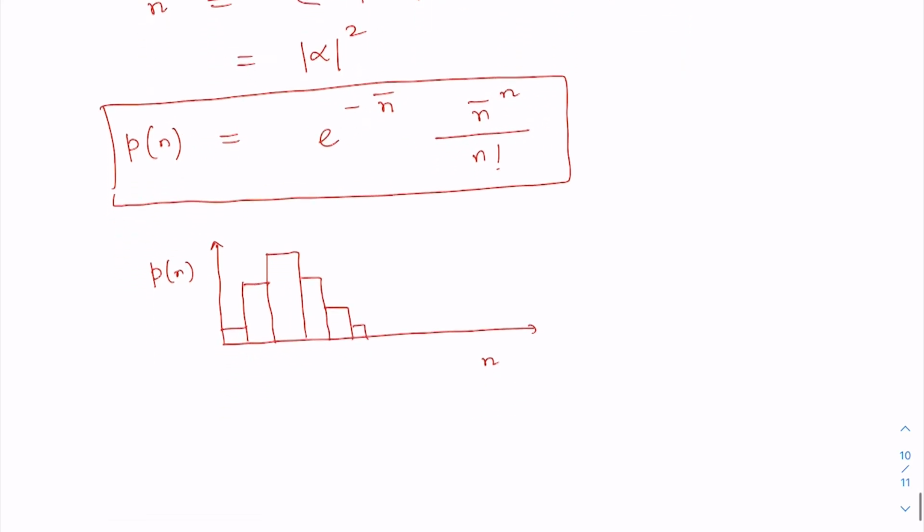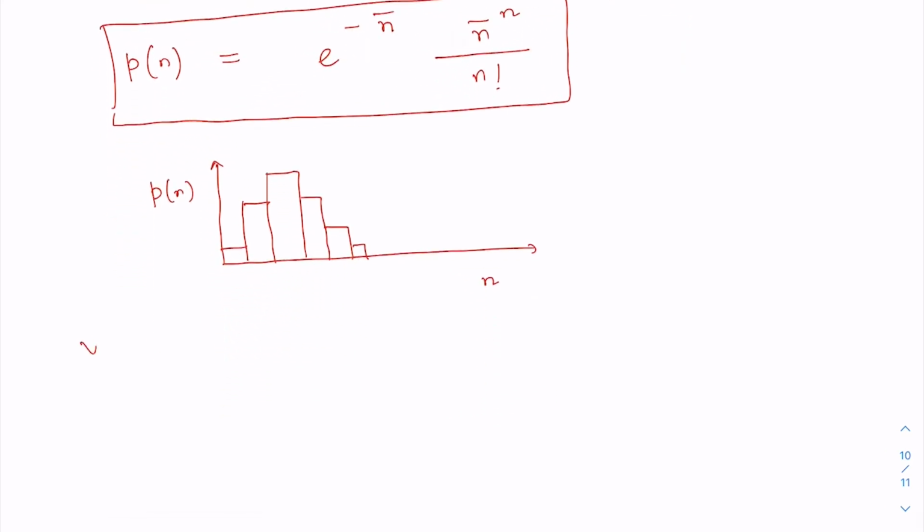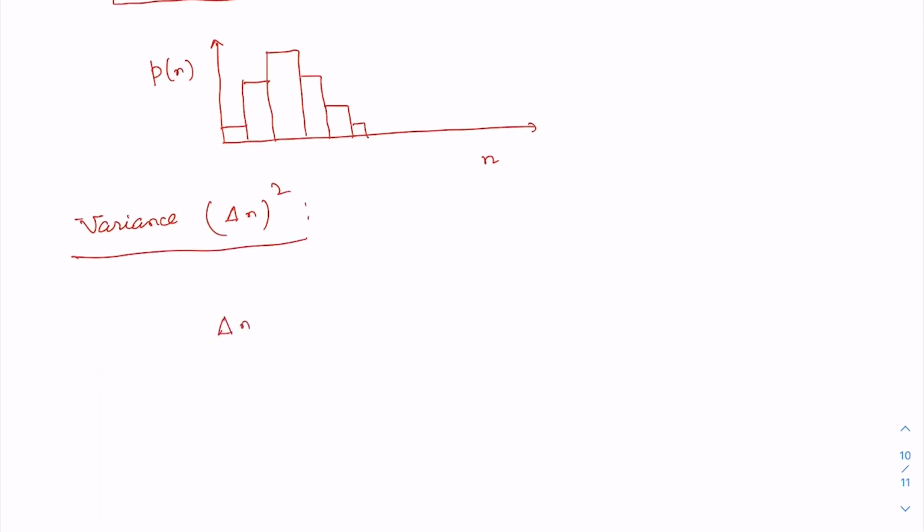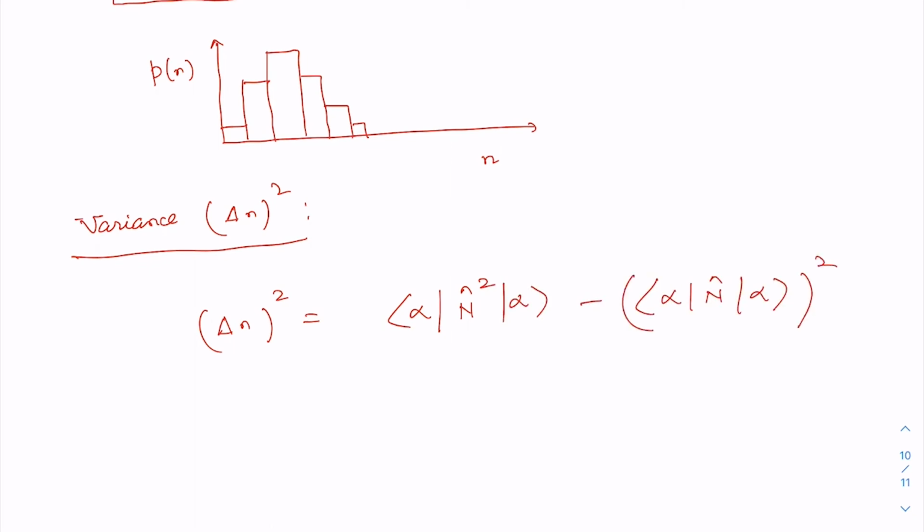Another important quantity is the so-called variance. So the variance delta n squared in the coherent state is given by the expectation of n squared minus the square of the expectation of n. If you work it out, it's very straightforward; let me leave it for you to do.